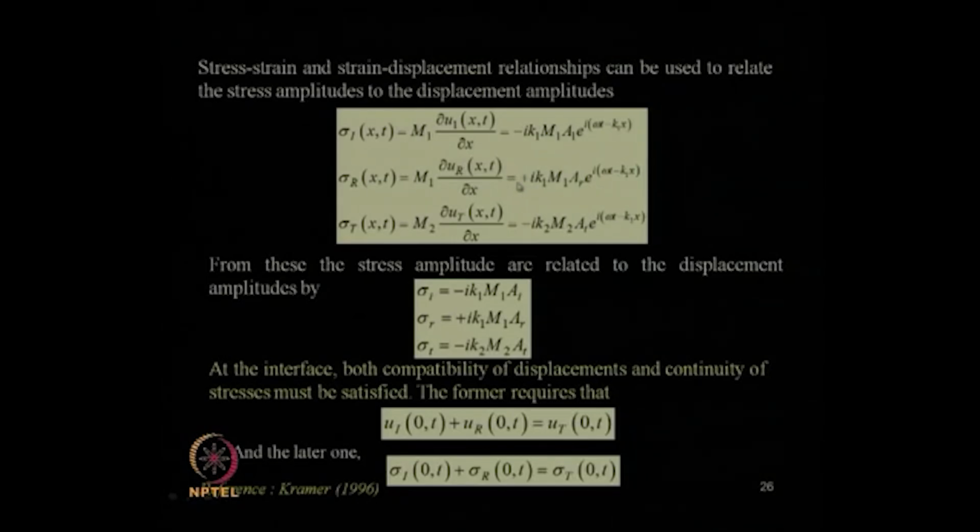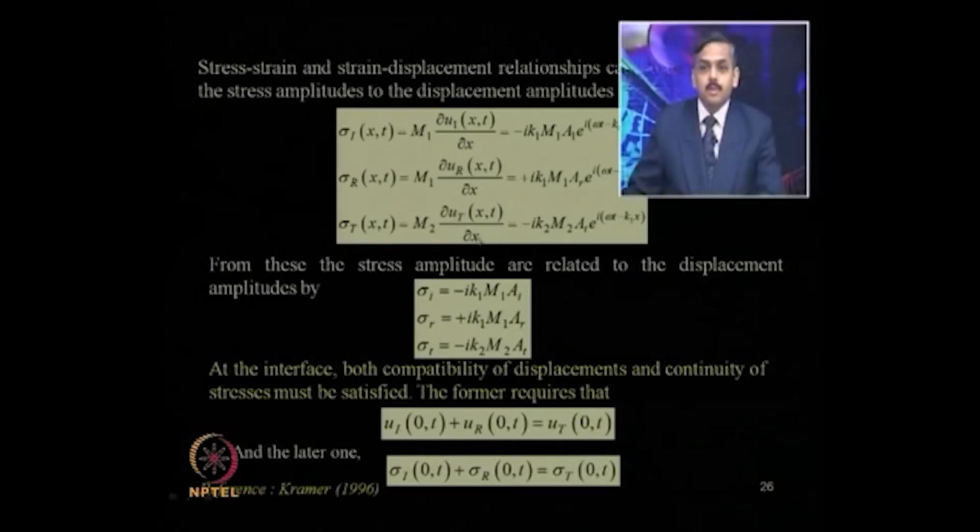Is it clear why it became plus, though it is coming from here as minus I k 1? Because this reflected wave is in the opposite direction of the incident wave. So, it has to be with the opposite sign, which is hidden in the reflected wave amplitude. Now, for the transmitted wave, sigma t of x, t is nothing but modulus times strain.